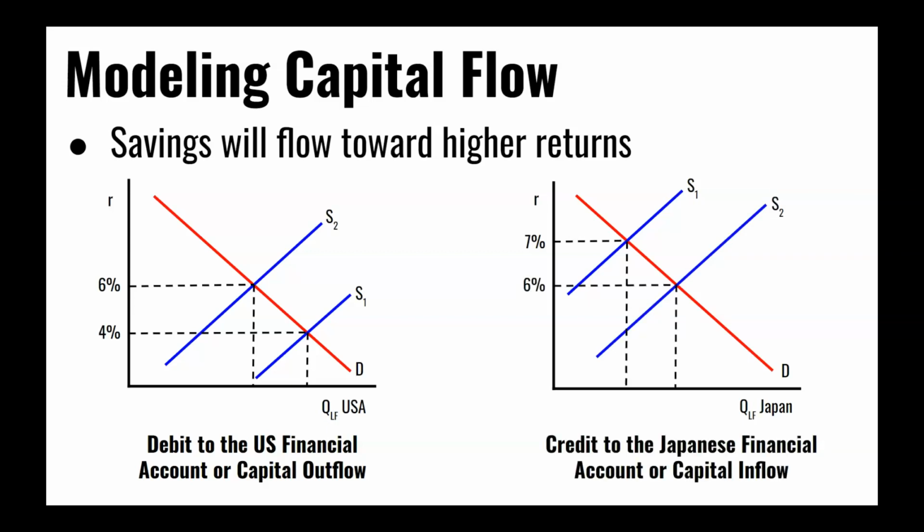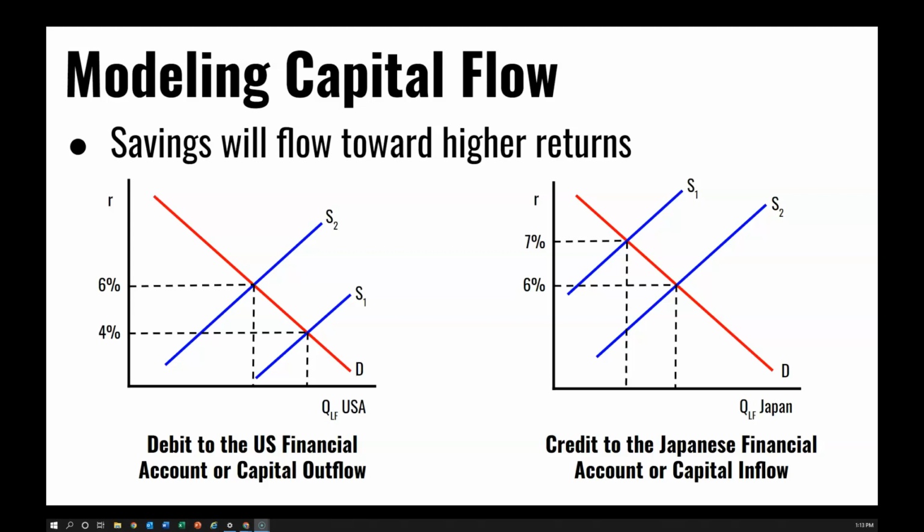And those flows will keep shifting until we get a real interest rate that is equal in both the United States and in Japan. So in this example, what we would see is a capital outflow from the United States and a capital inflow in Japan.